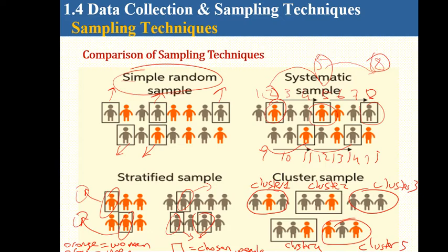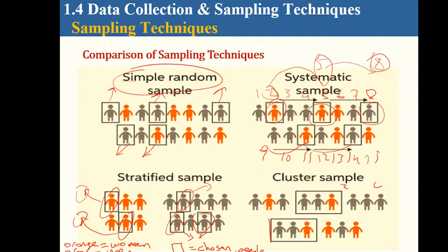The important thing is when you choose a cluster, you choose it. And then we pick these 2 clusters here. Cluster 2 and cluster 4 are chosen as your sample. So when these 2 clusters are chosen, the samples will be here: 2 women and 4 men.